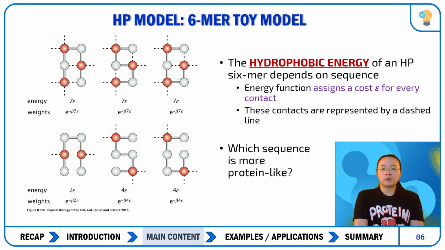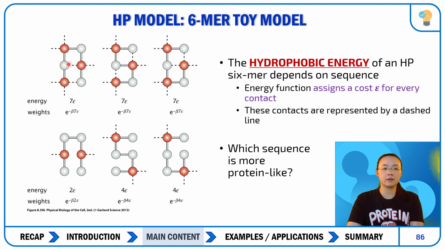Looking at the 6-mer toy model, the hydrophobic energy of this HP model really depends on its sequence. So what we're going to do is assign an energy cost, epsilon, for every contact. Taking a look up here, my hydrophobic molecule in red is not going to want to interact with a polar molecule, and vice versa.